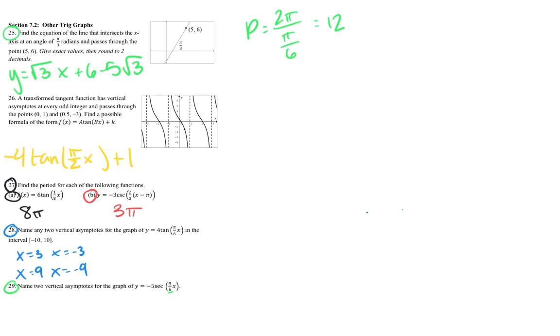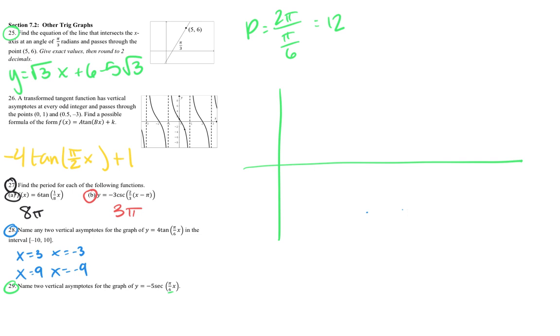Remember, our secant graphs are like the other parts of a cosine graph. So let's draw this as if it were a cosine graph first, and then we can look at the differences. It's not shifting up and down, and it's not shifting left or right.